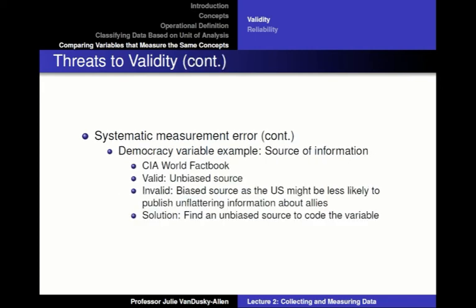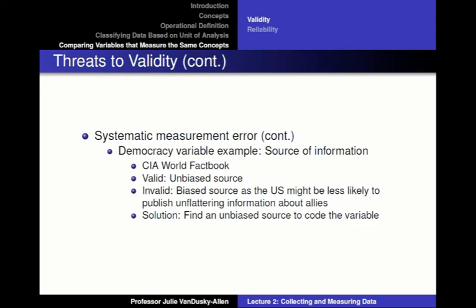For example, going back to our democracy variable, we said we would use data from the CIA World Factbook to determine if countries had free and fair elections and leaders faced elections at fixed intervals. If the CIA World Factbook is an unbiased source of information of countries throughout the world, the information it gives us would allow us to collect a valid measure of democracy throughout the world.